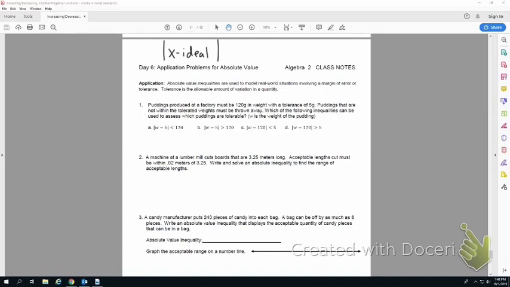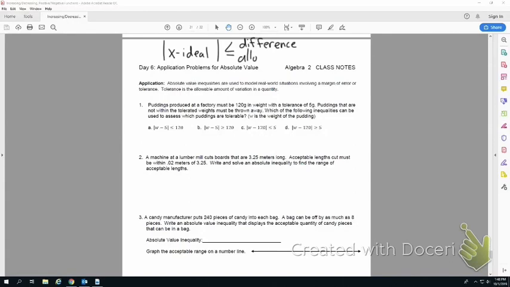It's going to talk about length, the ideal weight, the ideal temperature, the ideal whatever it's talking about. Then it's going to be less than or equal to the difference allowed.